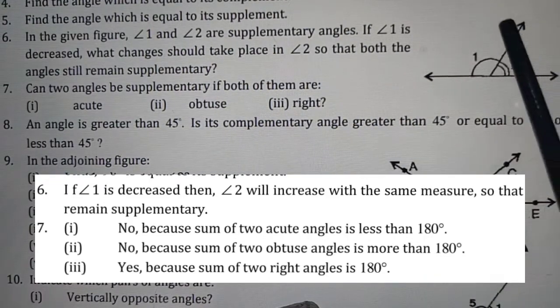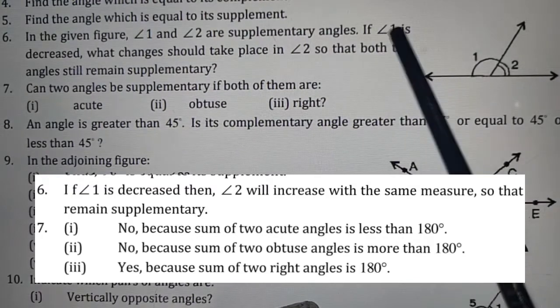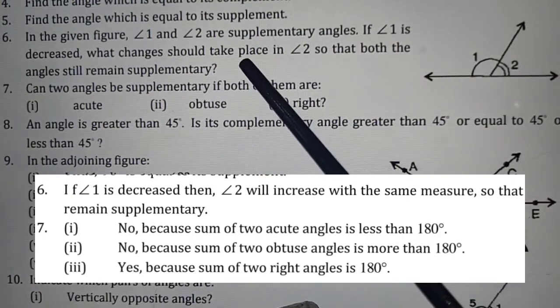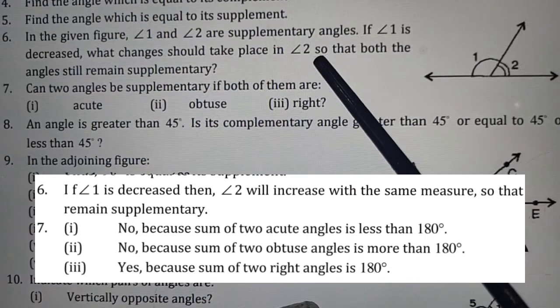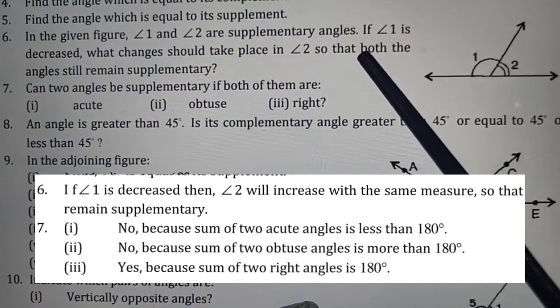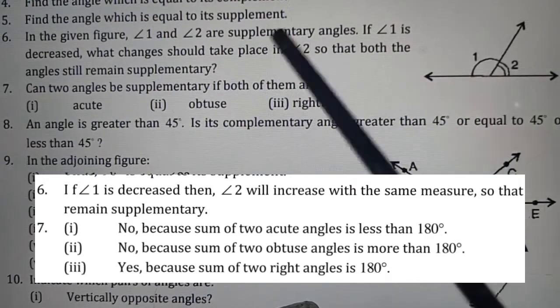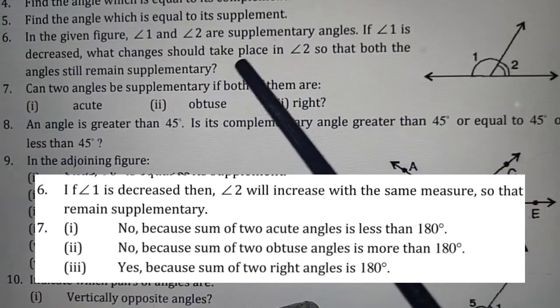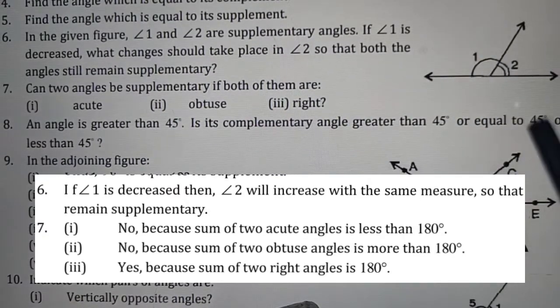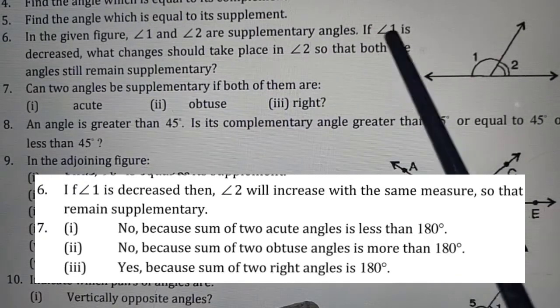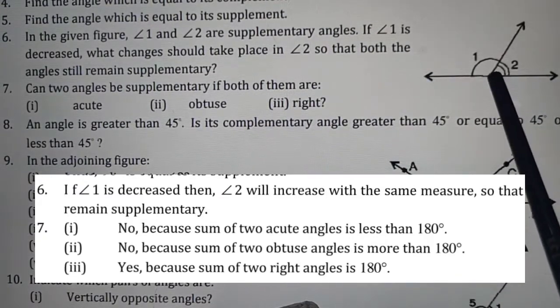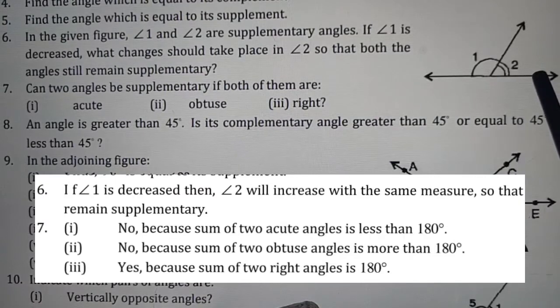It is given. Alright. Now if angle 1 decreases, what change should take place in angle 2 so that both angles still remain supplementary? What does it mean? It means that if the value of angle 1 decreases, what about angle 2? What happens to angle 2?